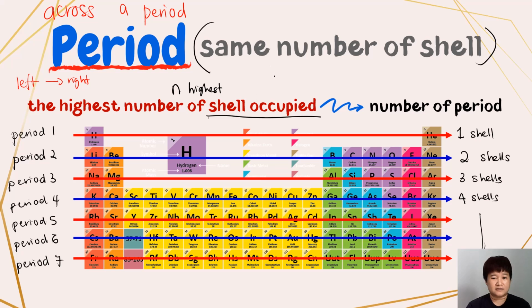For example, if I'm having oxygen 8, oxygen 8 means 1s2, 2s2, 2p4. The highest n over here is 2, which means that oxygen will be in period 2. You can see over here, oxygen is in period 2. Simple. The highest n of your electronic configuration will be the number of the period.